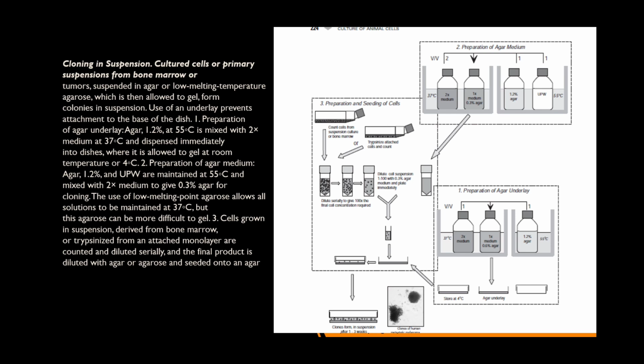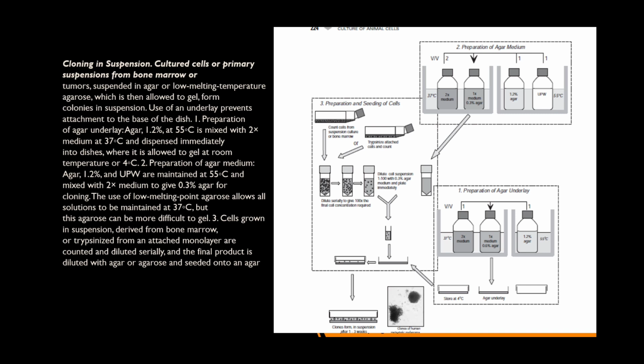First, you take the cultured cells and suspend them in agar. You can either suspend them in agar, or there is another type of agar called low melting temperature agar, which is allowed to gel, and the colonies are formed in the suspension.